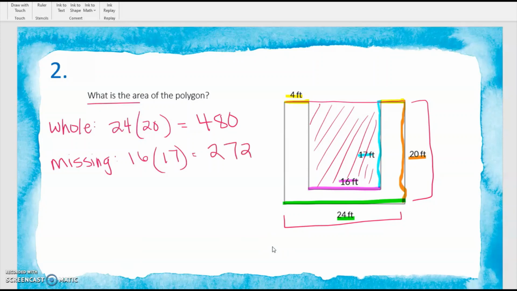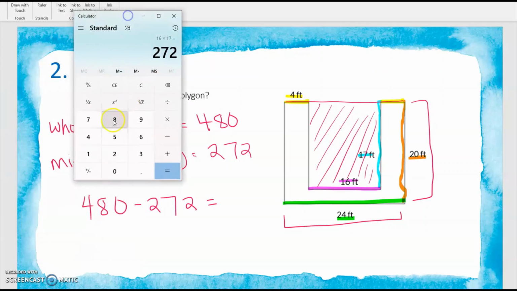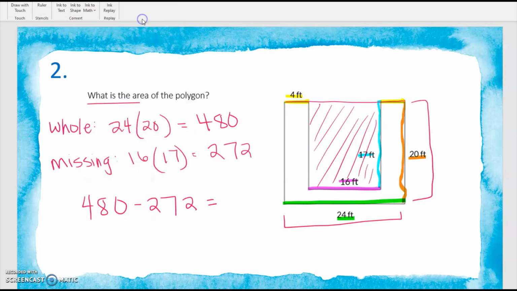And remember, I don't have that, so I'm going to take 480, the whole region, and subtract out that big, huge space. And that is going to give me my answer. So 480 minus 272 is 208. So my answer is 208 feet squared.